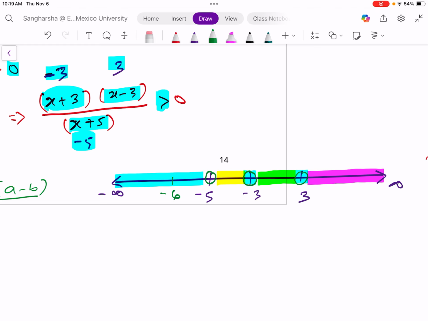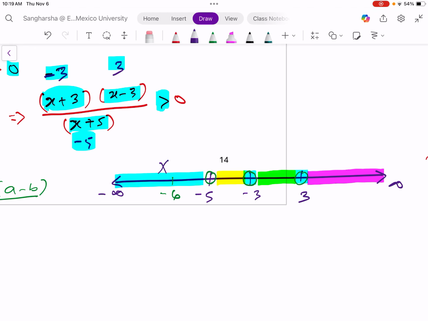Divided by -6 plus 5, which is -1. So 27 divided by -1 is -27, which is greater than 0. Is it true or false? False, right? It means the first interval is not our solution.